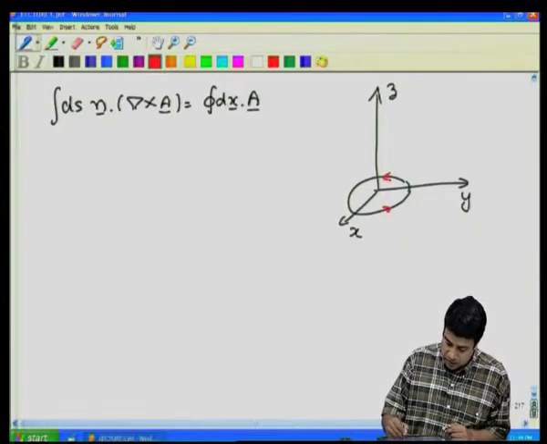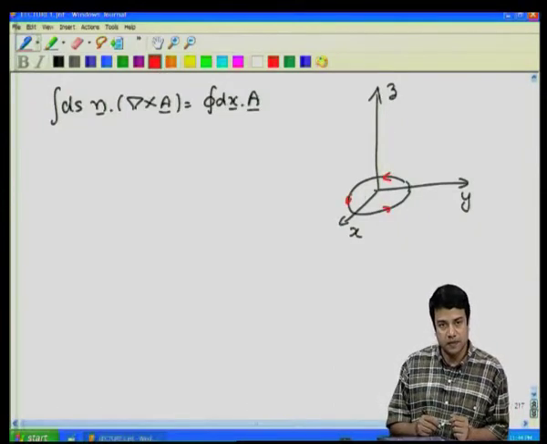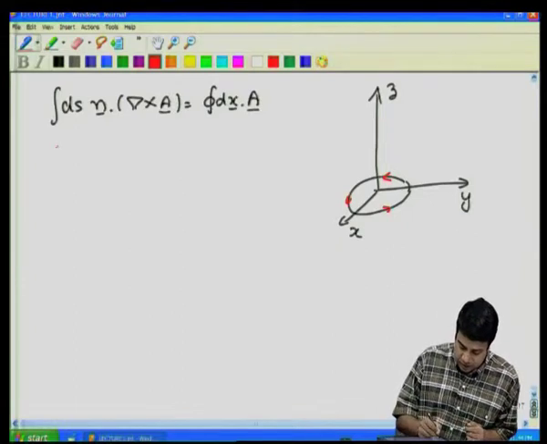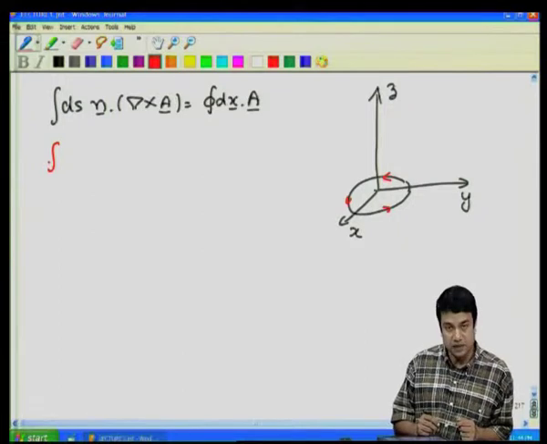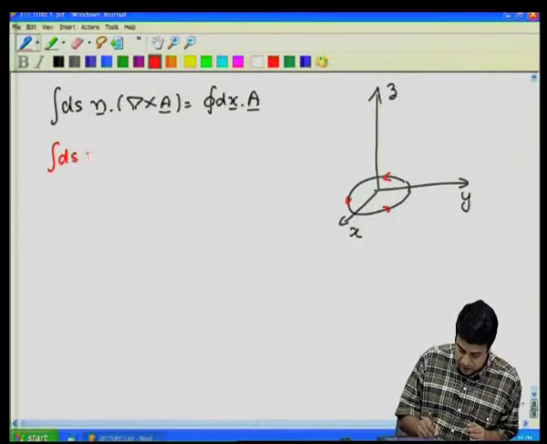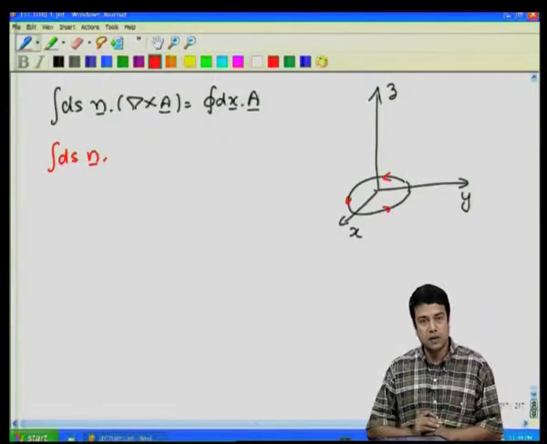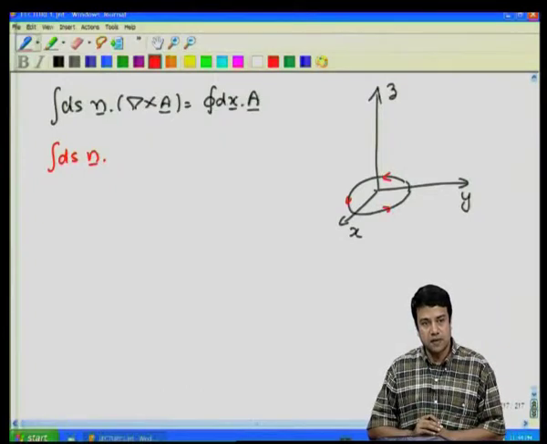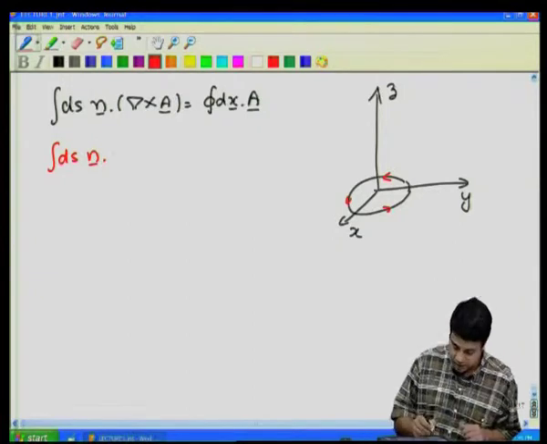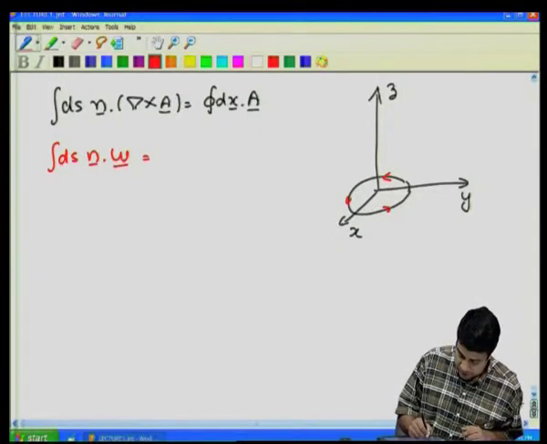Then for this particular case, I will have the integral over the surface ds, n dot, where I consider this vector A to be the velocity. So, del cross A is just the vorticity. It is equal to integral dx dot u.